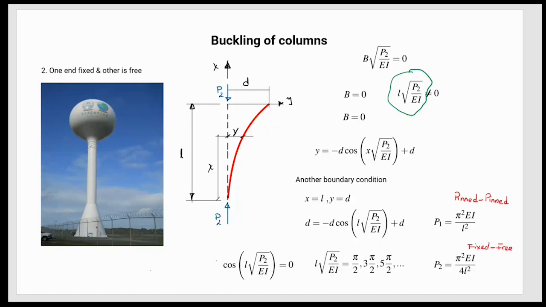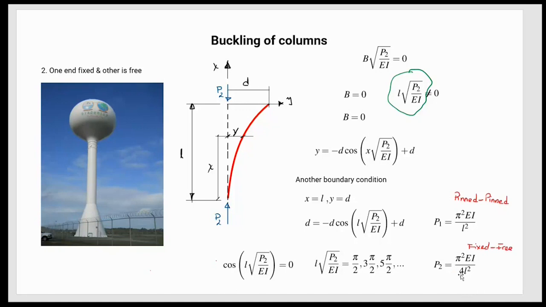As you have already noticed, the main difference lies in the denominator of these two equations. The first one, for the pin condition, has L squared, the second one has 4L squared. Meaning that physically, from an engineering standpoint, the crippling load for a pin-pin condition is always larger than the crippling load for the same column characteristics in a fixed-free condition.